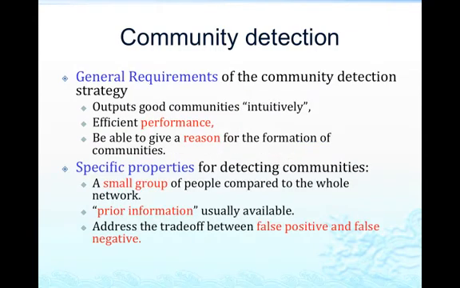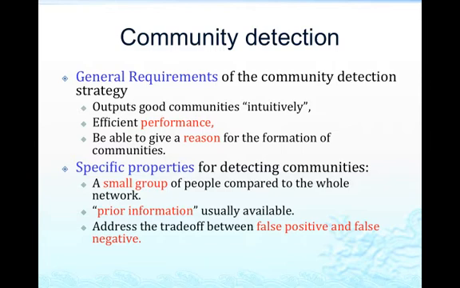Next, let me briefly talk about the general requirements for the design of a good community detection algorithm, and then there's also a set of specific requirements for our own project. First, a good community detection algorithm should be able to output communities that are intuitively good.